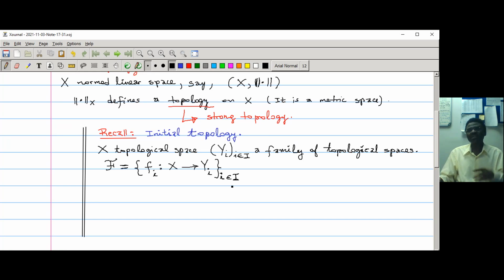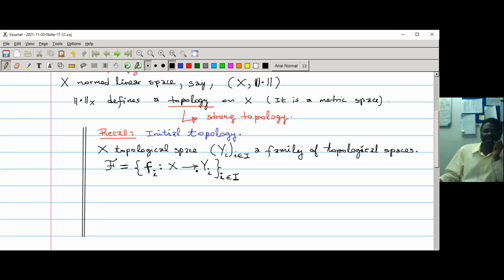Obviously, I, the set of indices, is not necessarily finite. It's not necessarily countable. It's arbitrary. It can be uncountable, it can be countable, it can be anything. If you want it to be countable, we just take N. So you can see that this F is a family of mappings, and each mapping is defined from X to Y sub I.